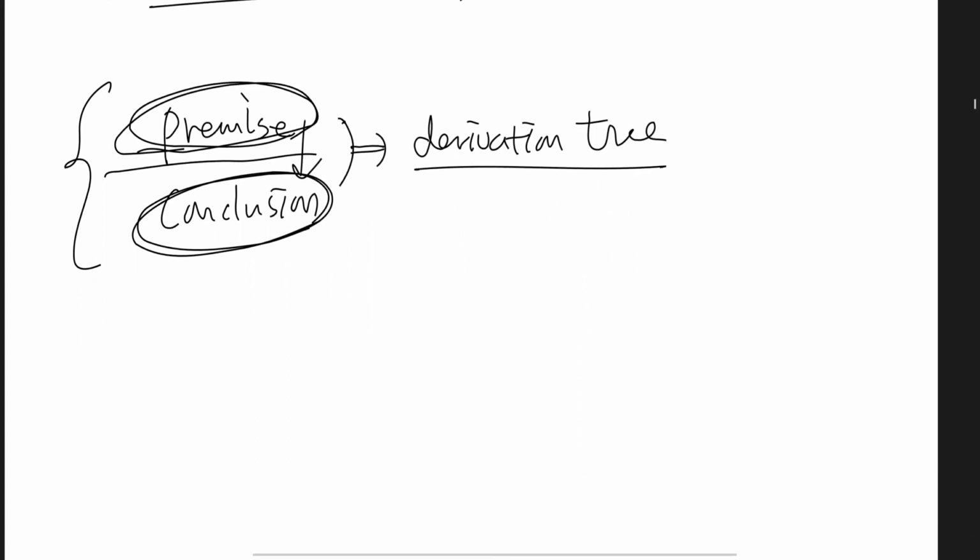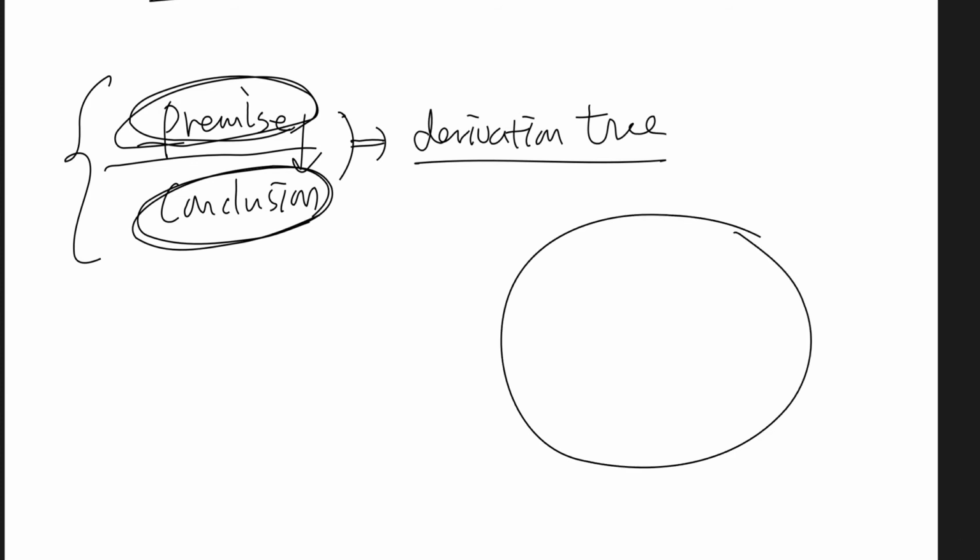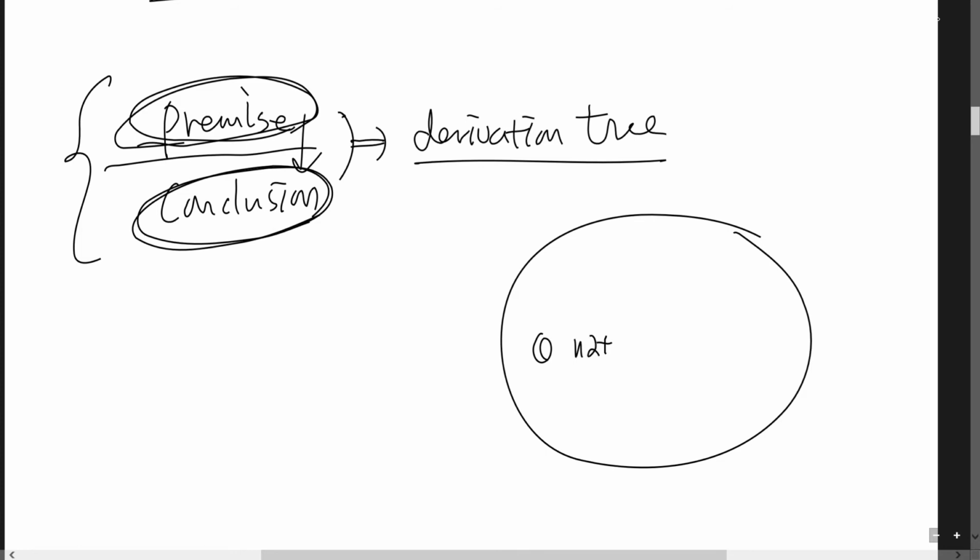So here's an example. Previously, we considered a system with two inference rules. 0 is nat. This is the 0 rule. And we have another inference rule, n nat leads to successor n nat. So this is the successor rule.